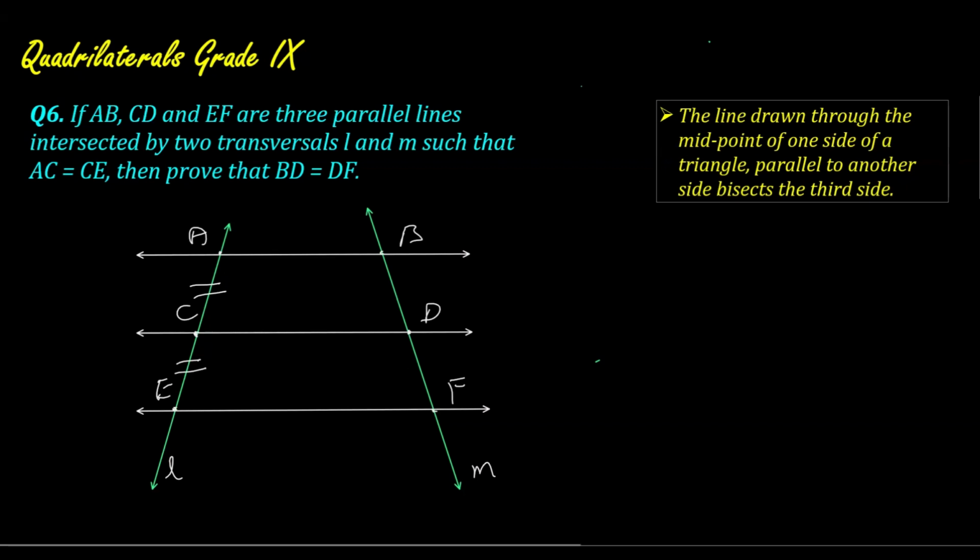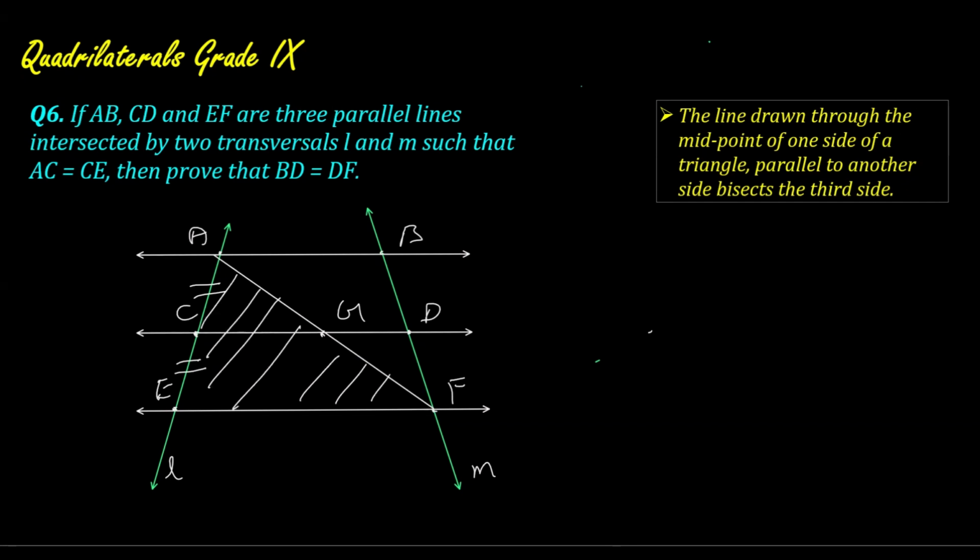Now, for that, we are going to do some construction here, and the construction will be joining A with F. Now, we are going to apply the converse of midpoint here, and let's say I took this point of intersection as G. Now, in the first part, I'll be considering this triangle, right?